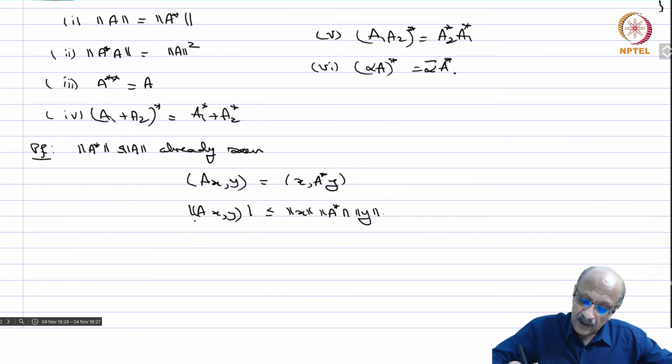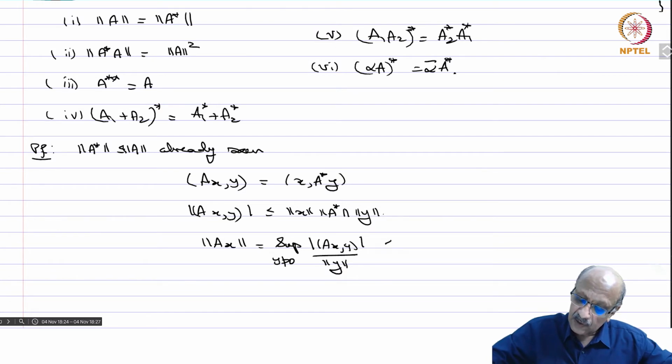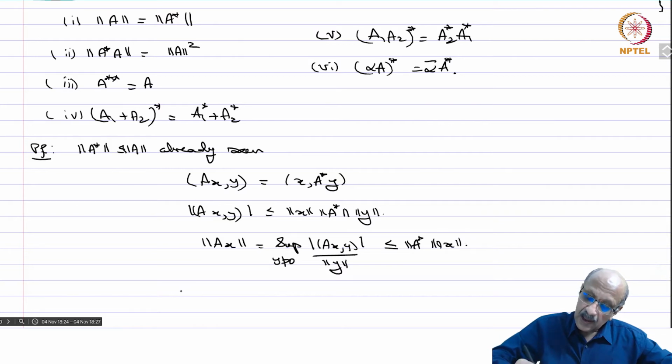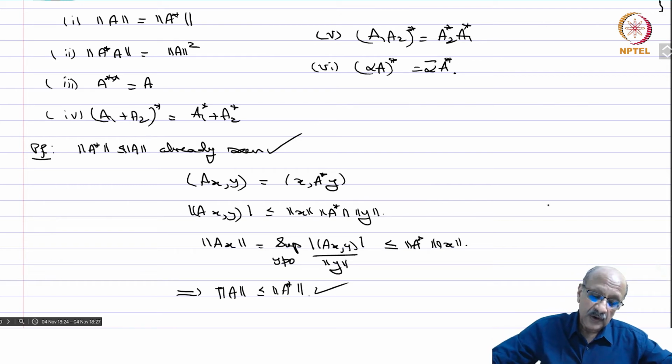The norm of Ax is nothing but the sup of |<Ax, y>| by norm y over y not equal to 0, and that is of course less than or equal to norm of A star times norm of x. Therefore norm Ax by norm x is less than or equal to norm of A star, and this implies that norm of A is less than or equal to norm of A star. So we have both the inequalities, and therefore the first one is proved.